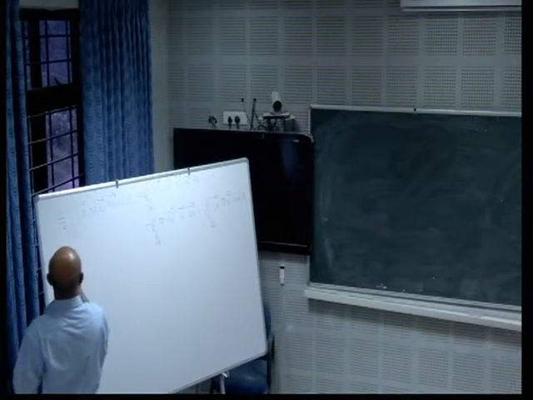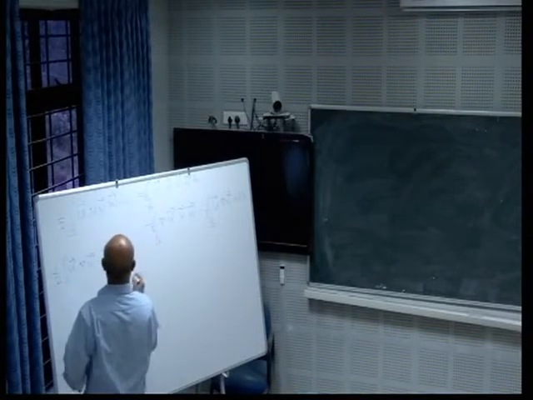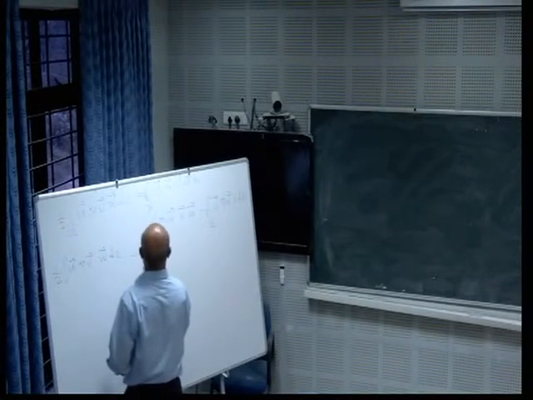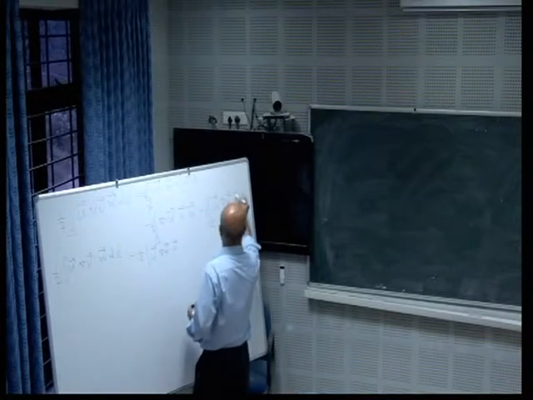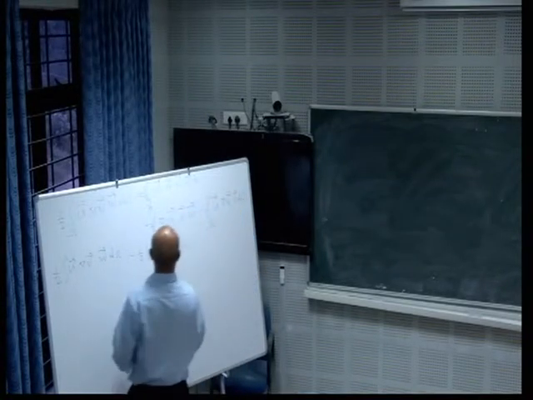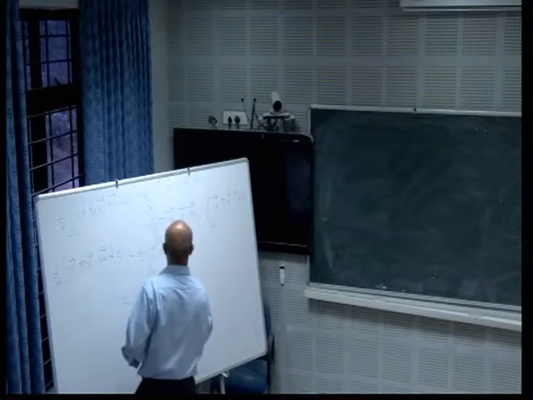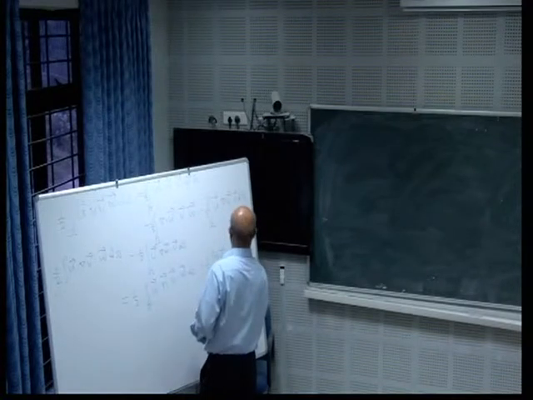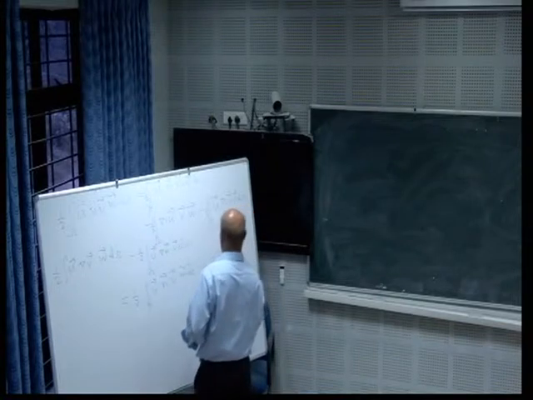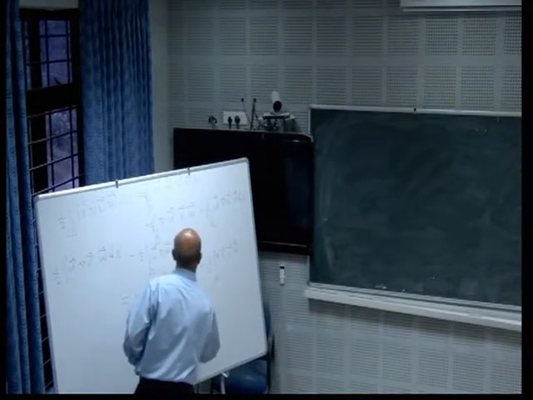Okay, so 1/2 integral u dot gradient of v, minus 1/2, and I get minus integral u dot gradient of w, omega.